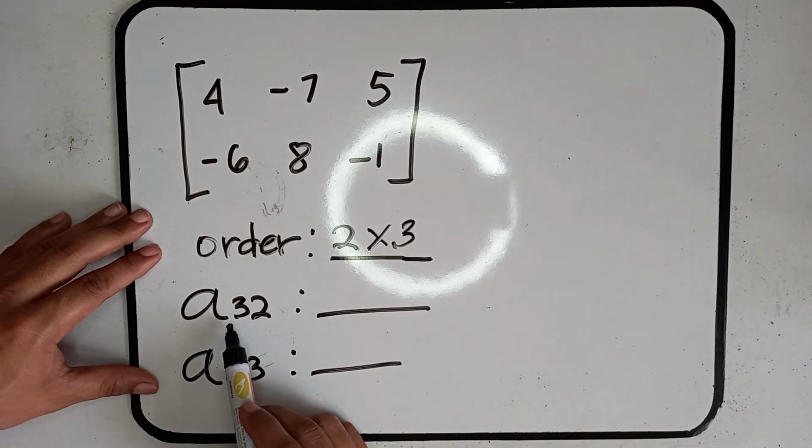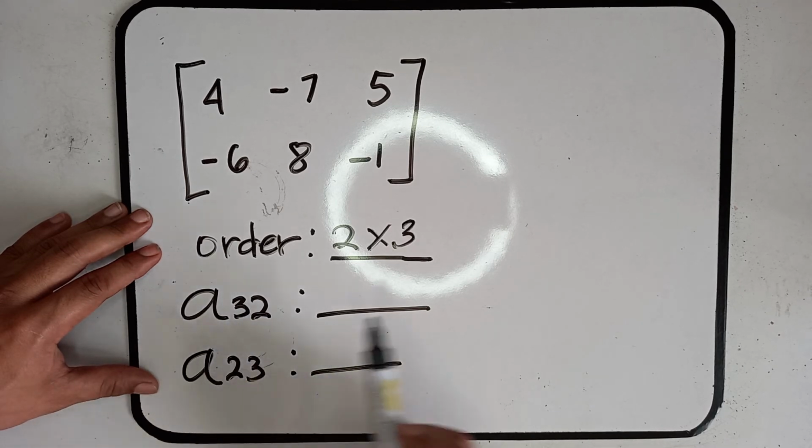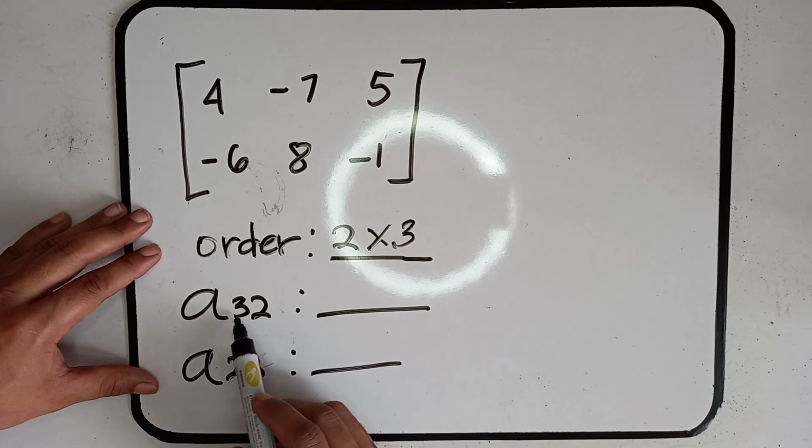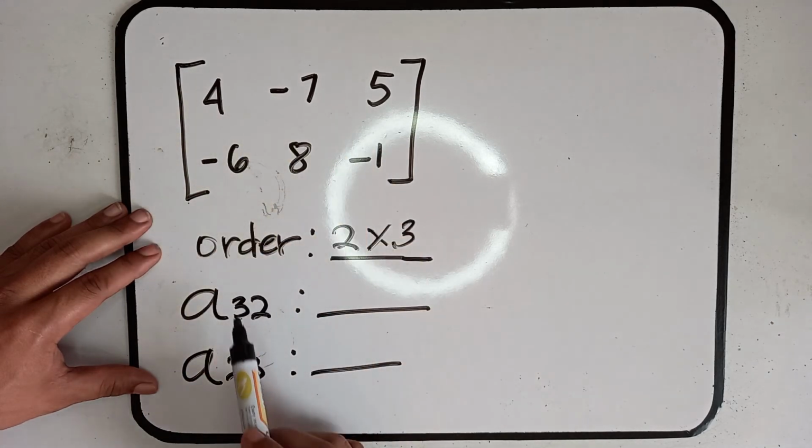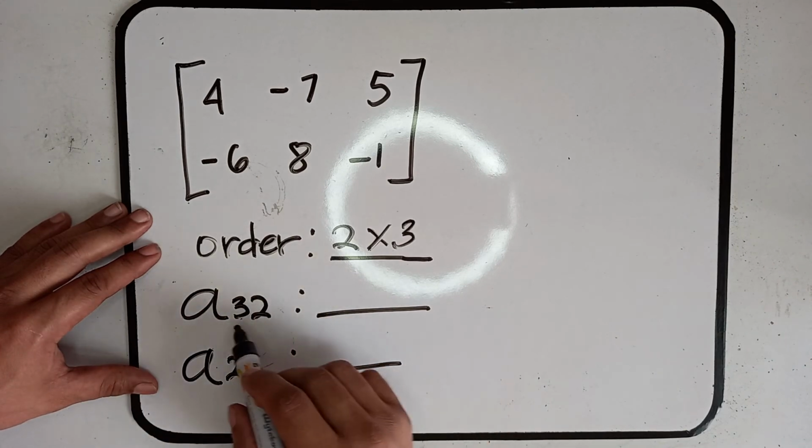Okay, what element is located at this position? A sub 32. When we say A sub 32, the 3 here pertains to the row and the 2 pertains to the column. So how many rows do we have? 1, 2. We only have 2, but we have 3 here, so meaning this does not exist.